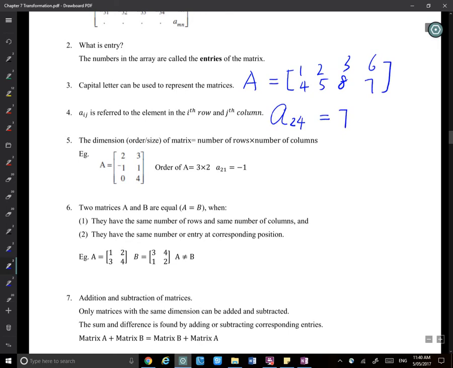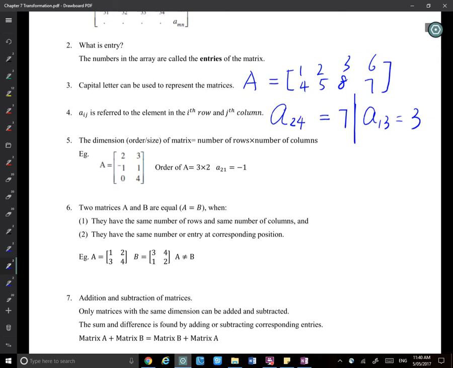Row 2 is 4, 5, 7, 8, 7, and column 4 is the last number, which is 7. A 1,3 will be 3: row 1, column 3, which is this position here.